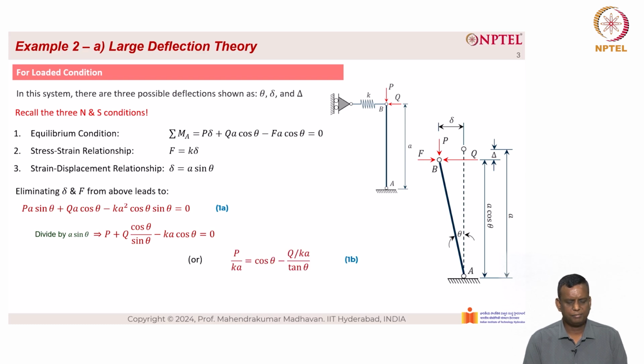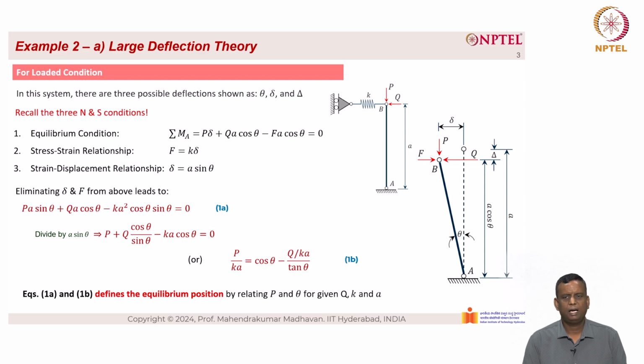Further simplification, we get P by Ka equal to cos theta minus Q by Ka divided by tan theta. This becomes equation 1b. Equation 1a and 1b define the equilibrium position by relating P and theta for given Q, K and A. Here Q is the lateral force that is acting, K is the spring stiffness and A is the length of the rod.